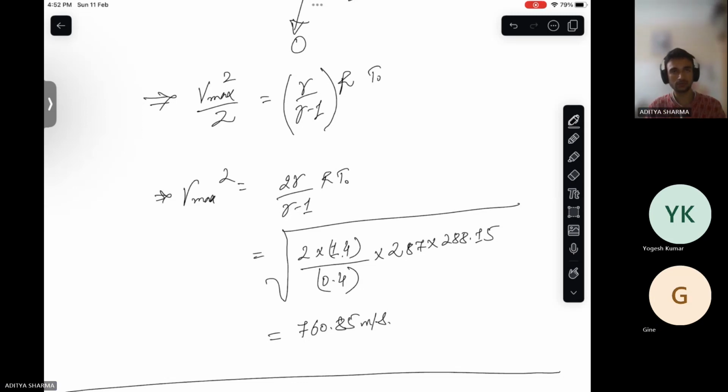Okay. Did we take T equal to 0 because they have given standard sea level condition in the question? No, T0 here is a very extreme temperature, so standard sea level is not linked to it.